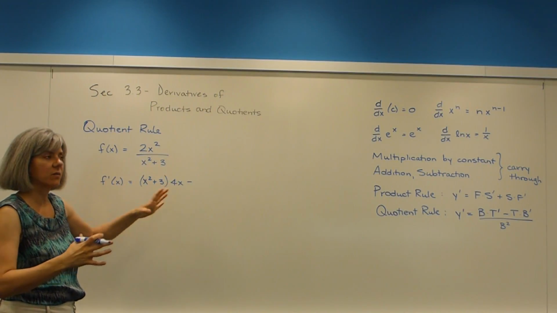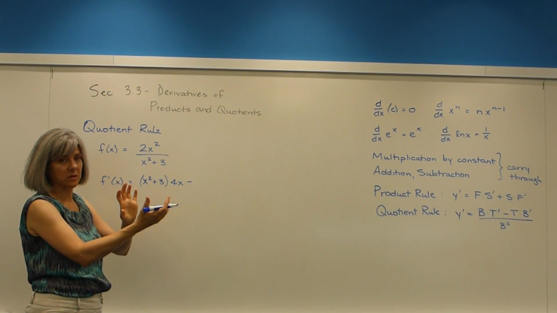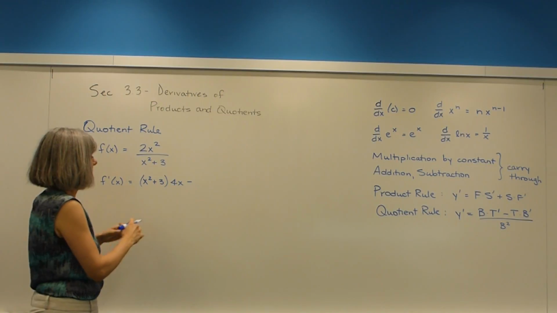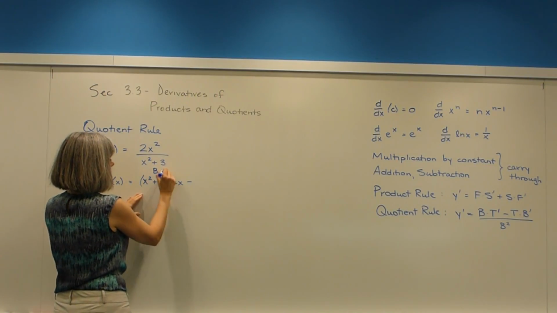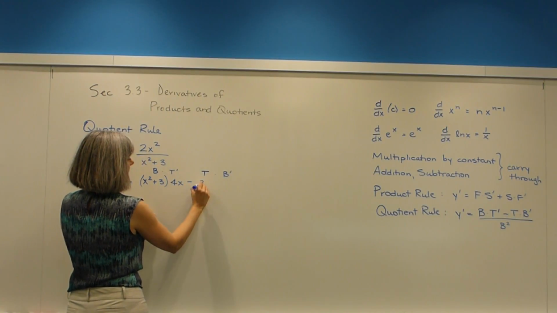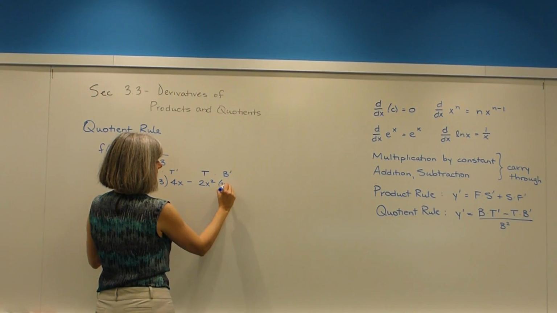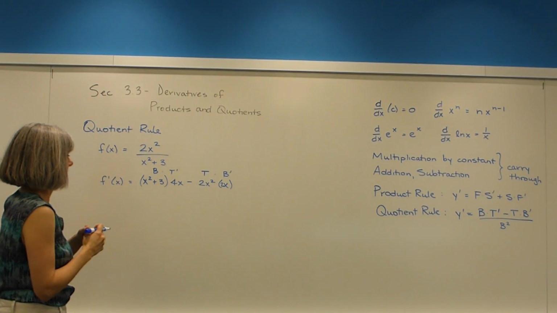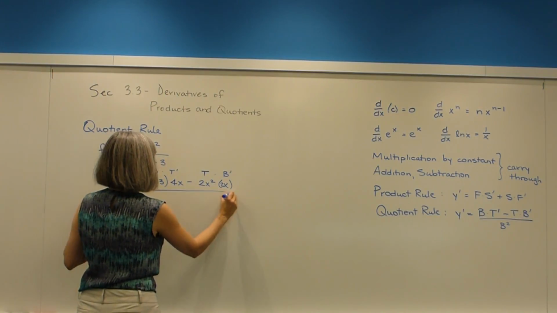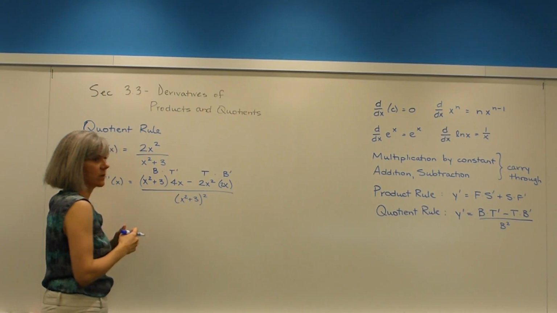We won't need to here, but in cases where you have 2 terms in a derivative, please use parentheses until you've worked it all out. So bottom times derivative of the top minus top, 2x squared times derivative of the bottom, 2x, all over the bottom squared, so x squared plus 3 quantity squared.